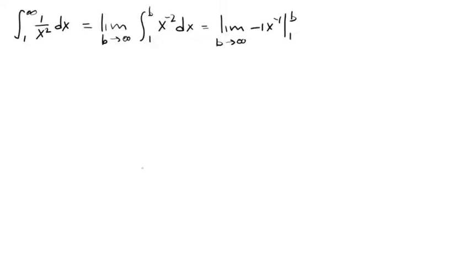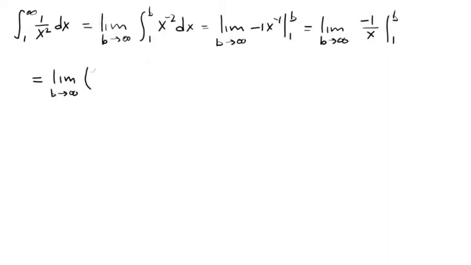Alright, now that I've taken the antiderivative, I can evaluate the bounds. Alright, so the limit is still there. b goes to infinity. Let's fix up the algebra here. So this is minus 1 over x from 1 to b.